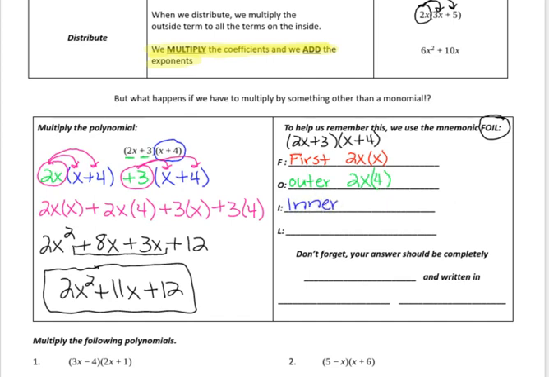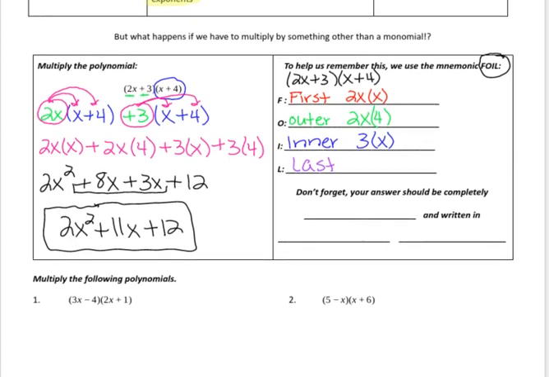So you're going to look at which two terms are on the inside. So in this case, that would be the 3 and the x. The 3 and the x are right next to each other. They're on the inside when we look at these two binomials being multiplied together. And then finally, the L stands for last. So look at your parentheses and which terms come last in both of your parentheses. That would be the 3 and the 4. So right here and right here, those are the last things in the parentheses.